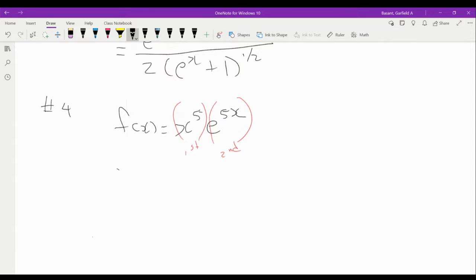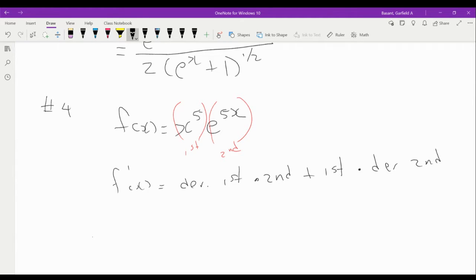What the rule says, f prime of x is equal to the derivative of the first times the second plus the first times the derivative of the second.